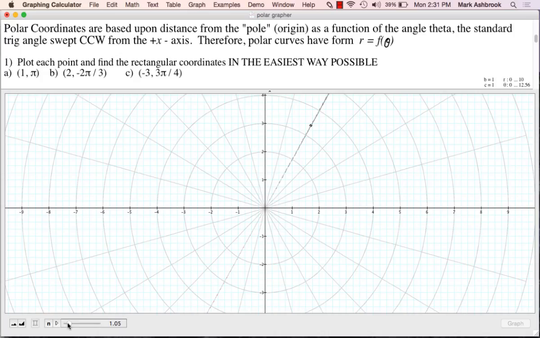I'm showing here the angle at pi over 3, and r is, say, 3.4. So this is the point 3.4, comma, pi over 3. How would I write the x and y coordinates of that point?